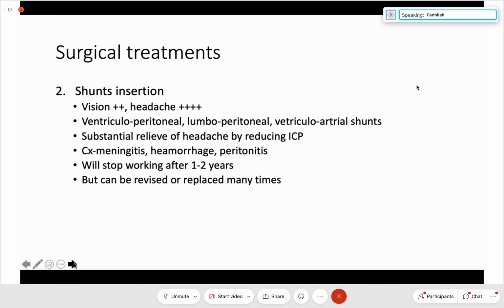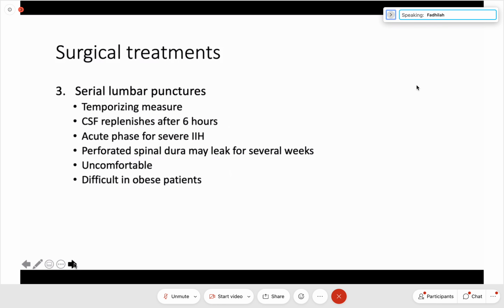It can provide substantial relief to the headache by reducing the ICP. But of course, the complications are also many, which include meningitis, hemorrhage, peritonitis. Again, it will also stop working after 1 or 2 years, but this one you can revise many, many times. You can replace it many, many times.